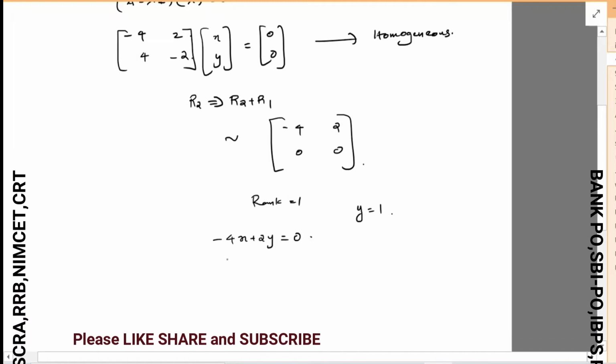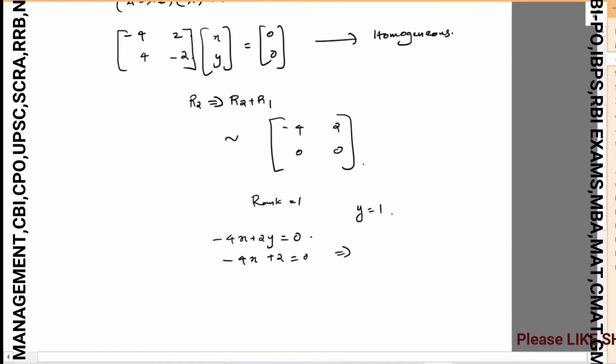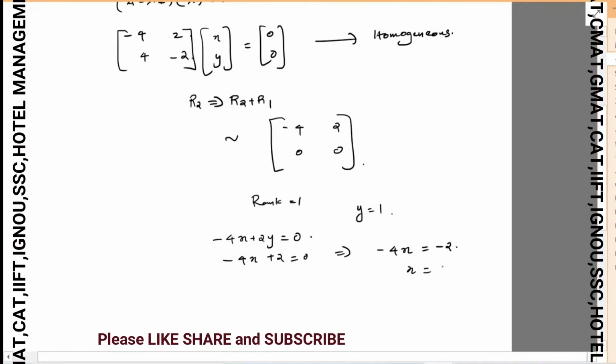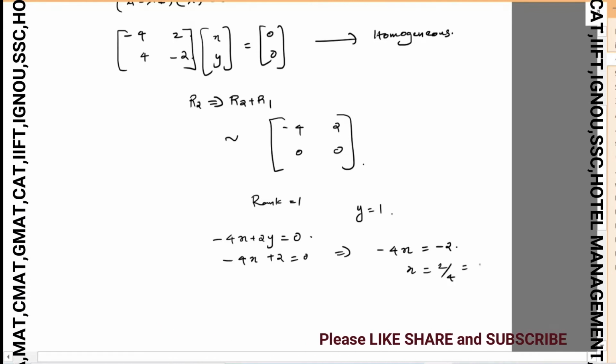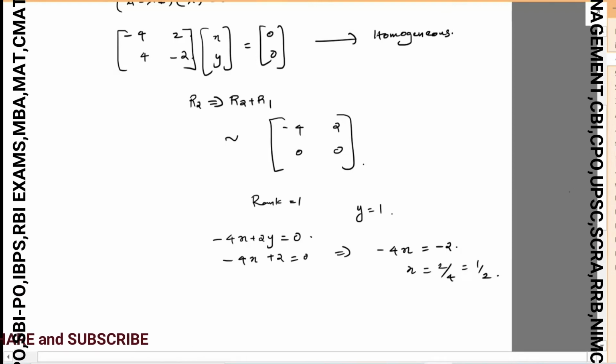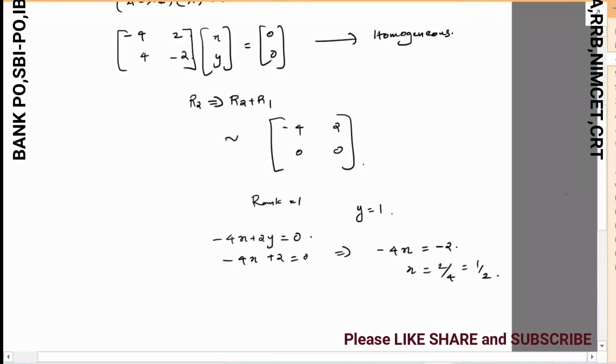So if y equal to 1, it will be minus 4x plus 2 equal to 0. That implies minus 4x equal to minus 2. So x equal to 2 by 4, which is the same as 1 by 2. So if y equal to 1, we will get x as 1 by 2.